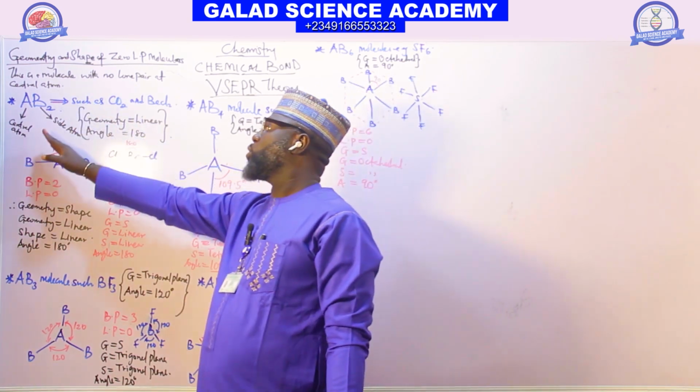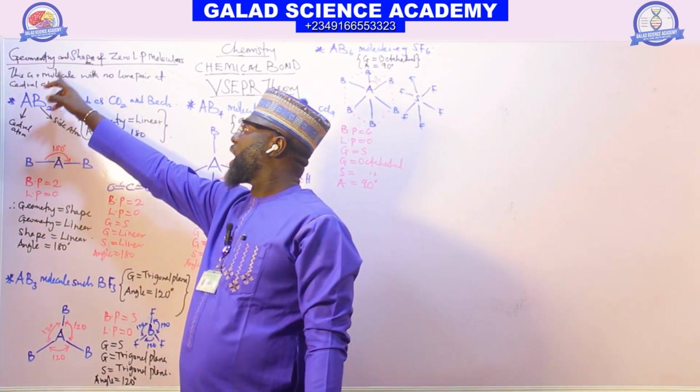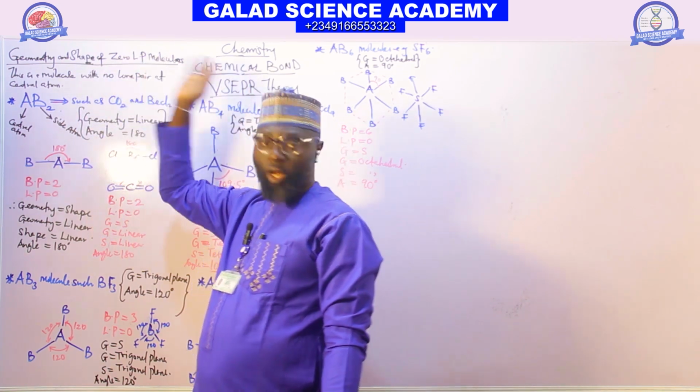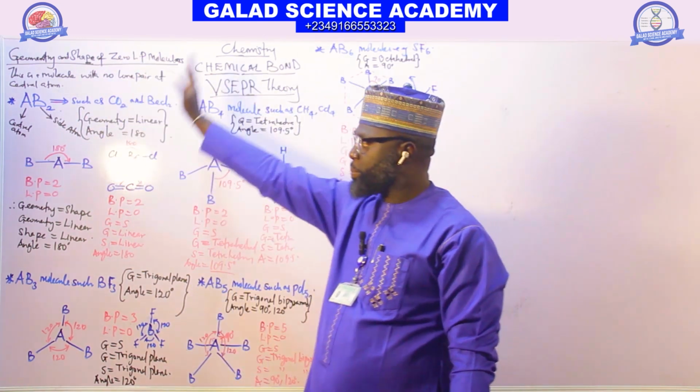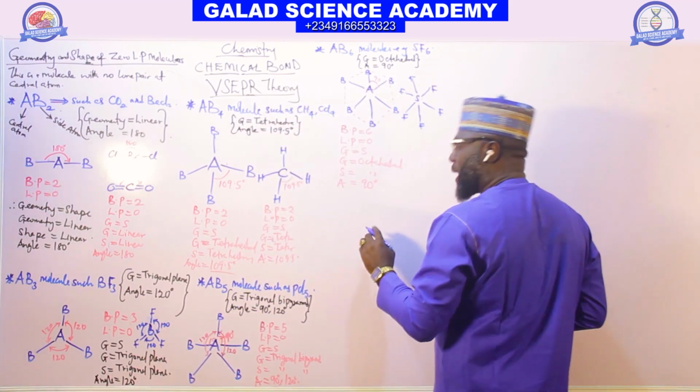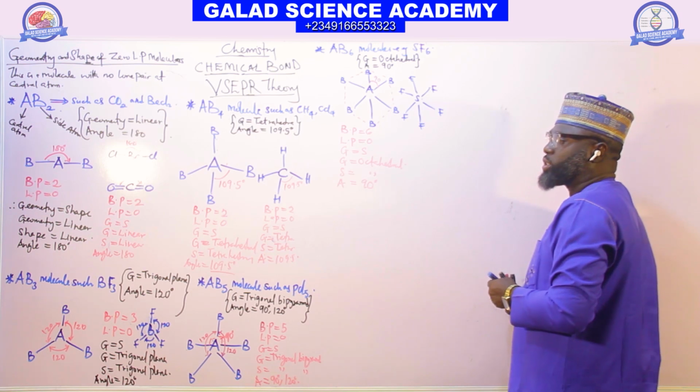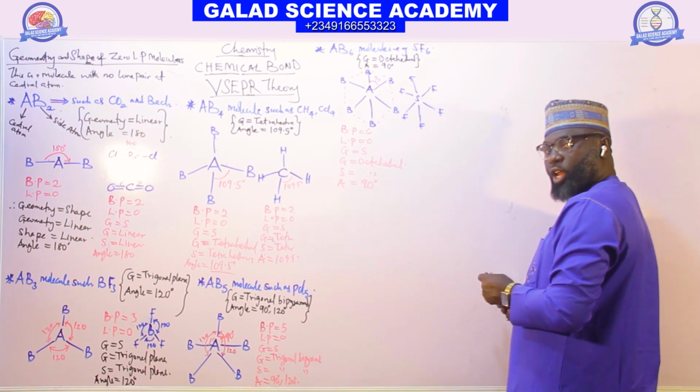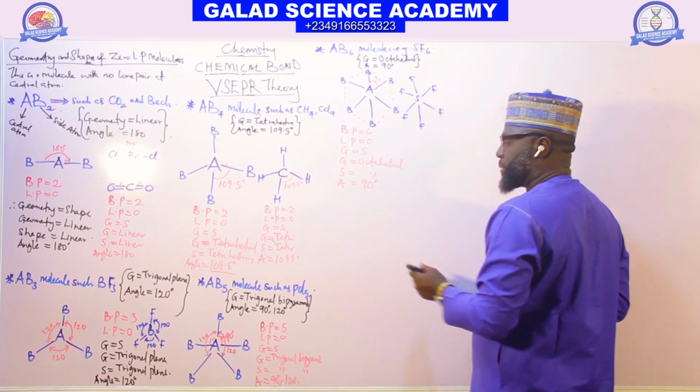So I'm done with the geometry and the shape of a molecule without lone pair. The next one now is the geometry and the shape of a molecule with lone pair.